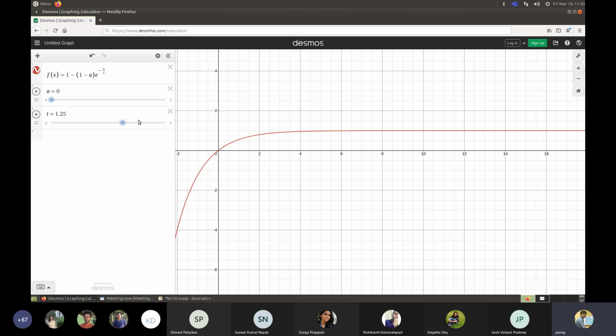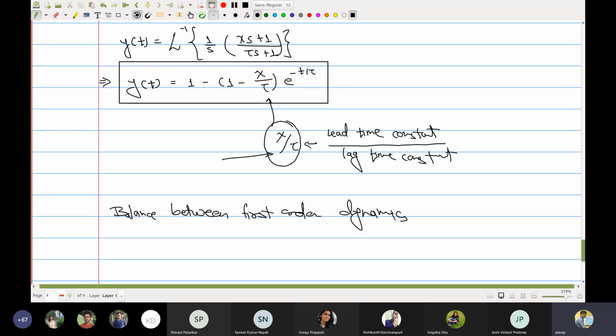But then what kind of dynamics instantaneously results in a response of the system which is non-zero right at the beginning? We know that this is nothing but pure capacity dynamics.